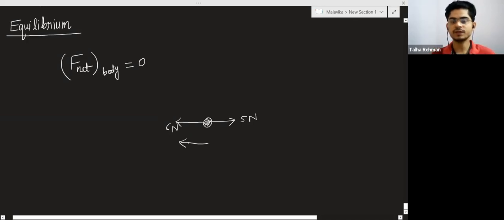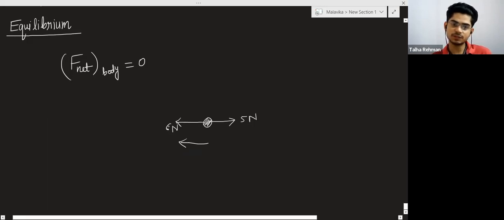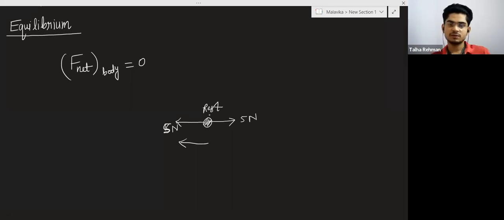So this body is not in equilibrium. But instead of 6 Newton, here is 5 Newton. So this body will be at rest. So we can say the condition of rest of a body is the equilibrium condition.